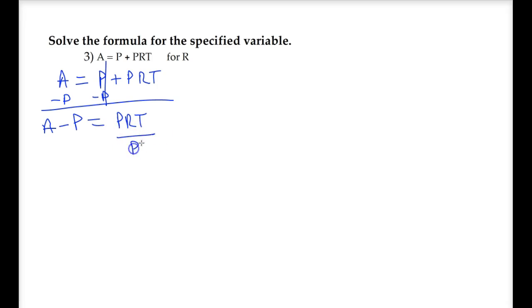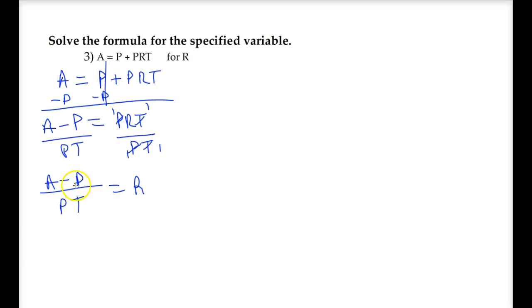And so the easiest way to do that is just to divide both sides by pt, and we end up reducing those to 1, reducing those to 1, and we have r there. And so that is one way that we could actually work that out.